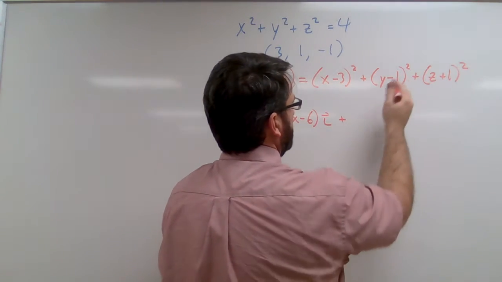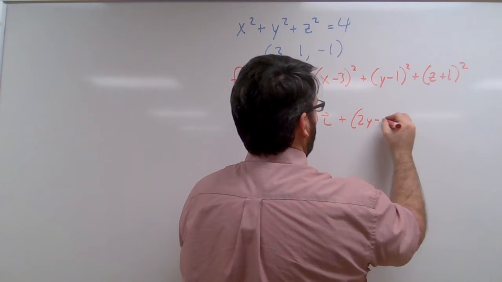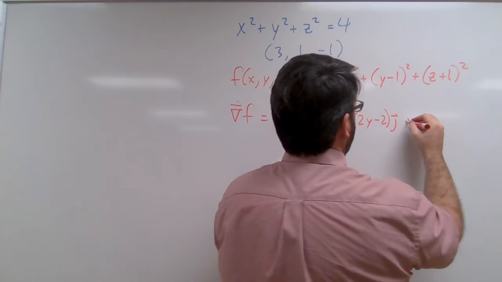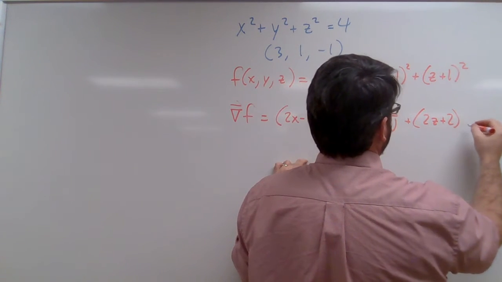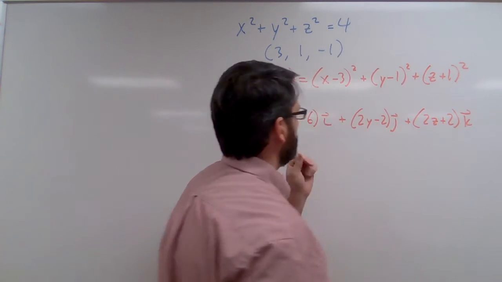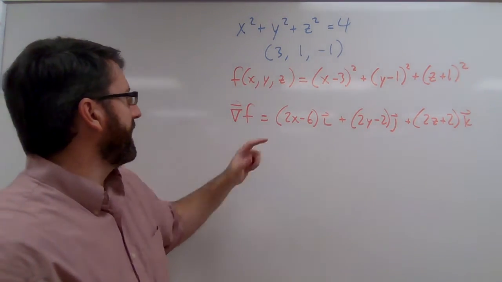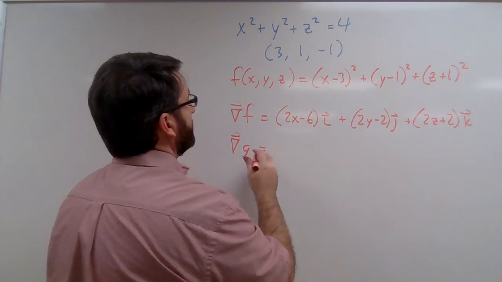All right, so the gradient of f here is going to be (2x - 6) times our unit vector i plus (2y - 2) times j plus (2z + 2) times k. Let's go ahead and put our gradient of g here.